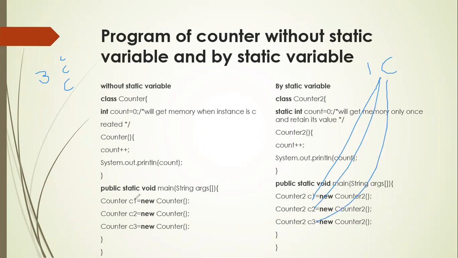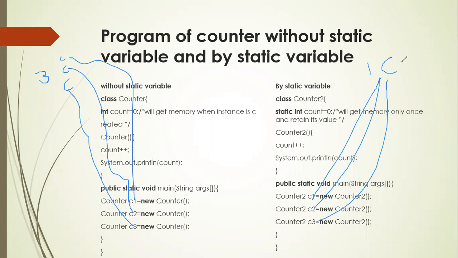What about the other case? C1 is going to use this one, C2 is going to use this one, and for C3, this one. So we have three different counters. That's not an efficient program.